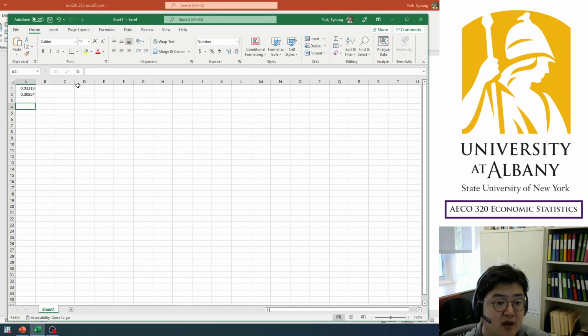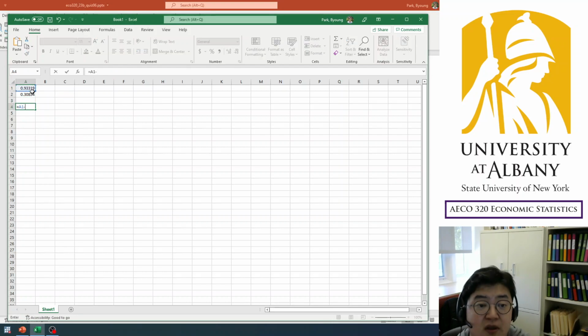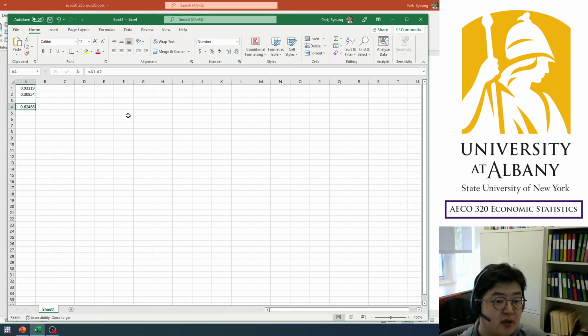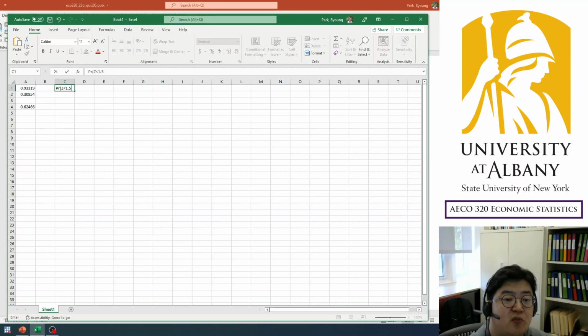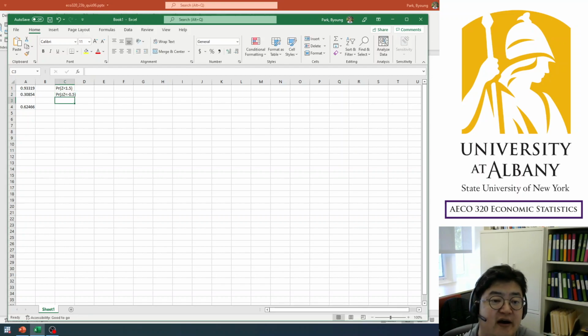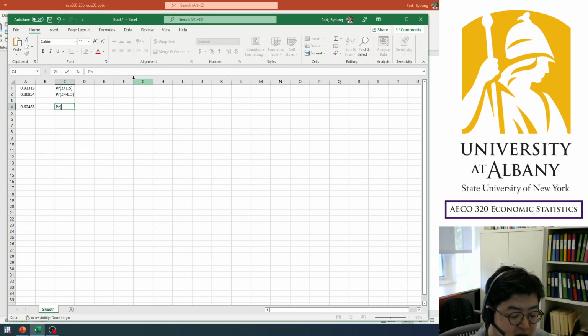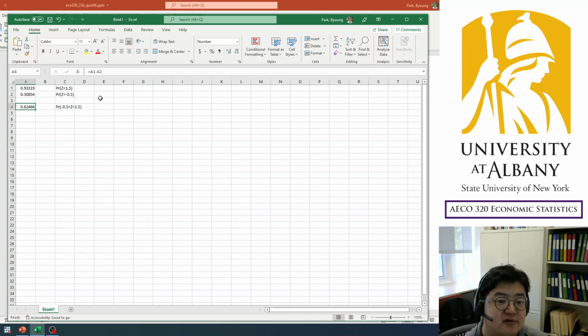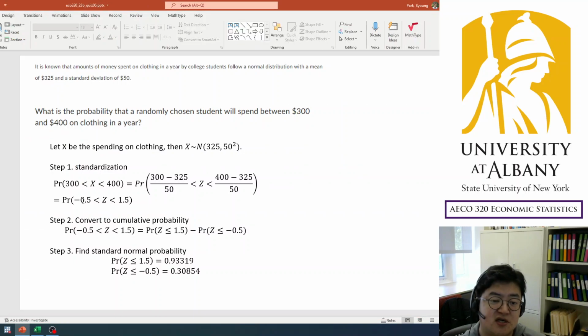You get this number, and then you take their difference to have the probability in between them. So this is for probability z smaller than 1.5. This is probability z smaller than minus 0.5. And their difference becomes the probability in between these two numbers. Okay, so this is how you calculate the desired probability.